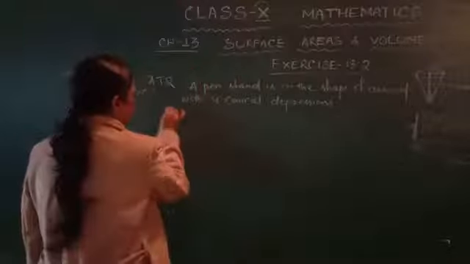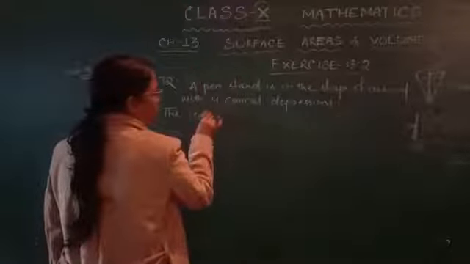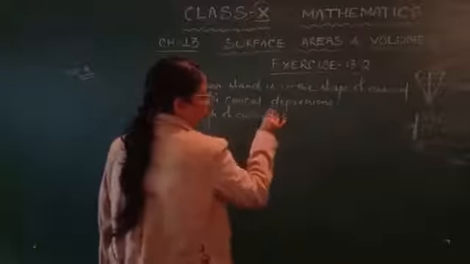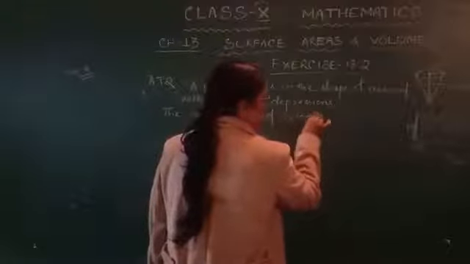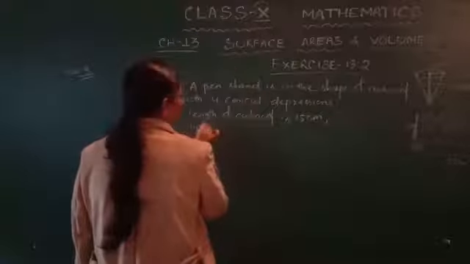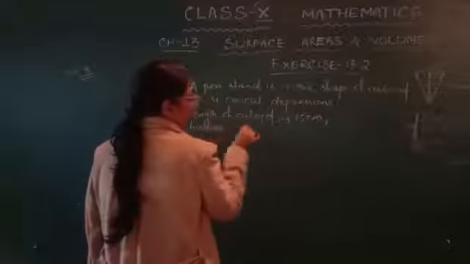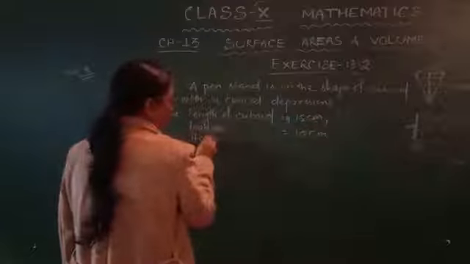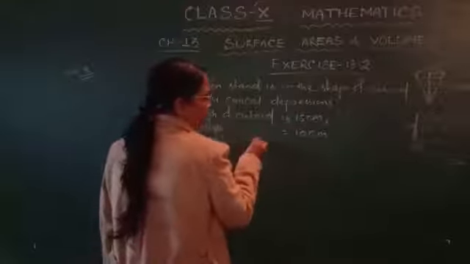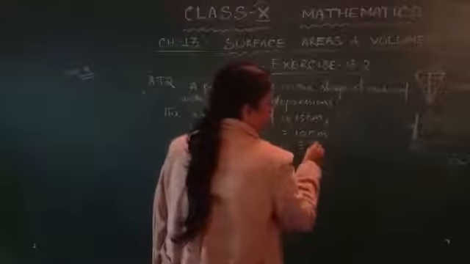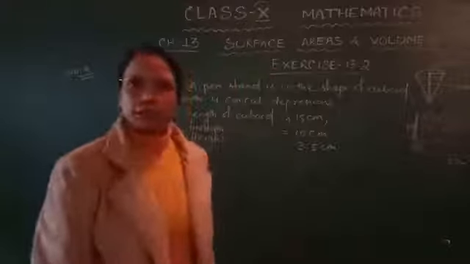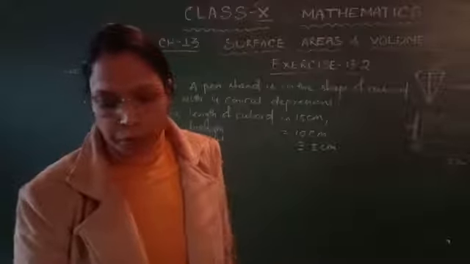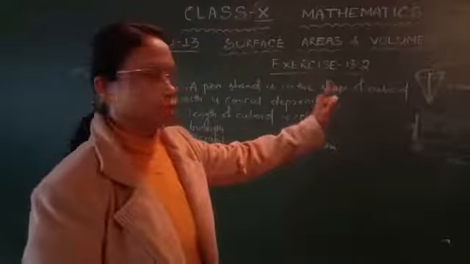So the length of the cuboid is 15 centimeter, breadth is equal to 10 centimeter, and height is 3.5 centimeter. Then the height and the radius of a depression are also given.